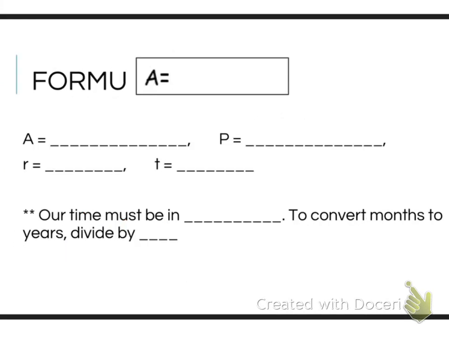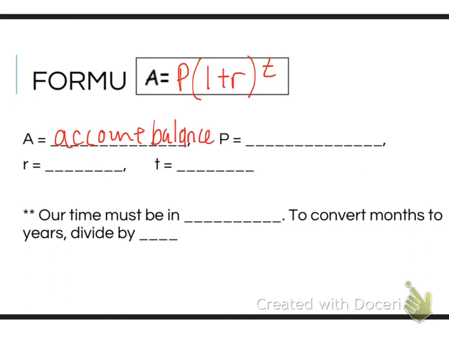So, the formula for compound interest is A equals P times (1 plus R) to the T. A equals your account balance, P is principal, R is rate, and T is time. Our time must be in years again, so to convert months to years, you just divide by 12.